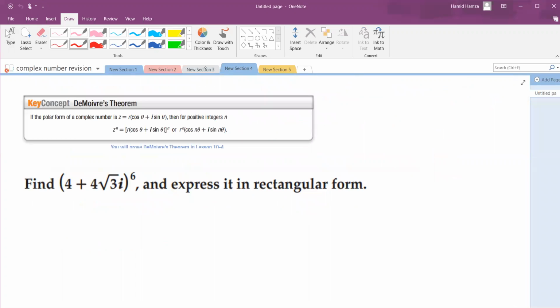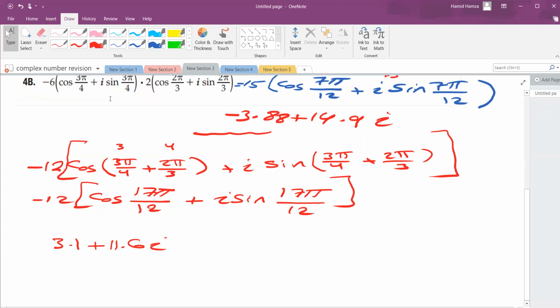So we are still here, so I'll take the same question, and I wanted to divide them this time.